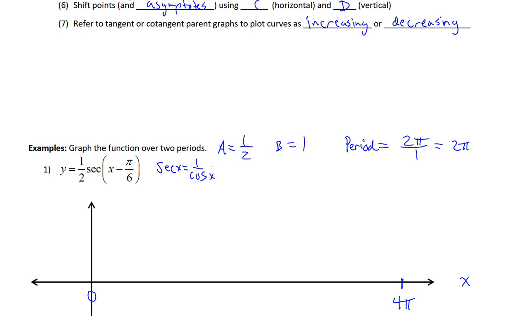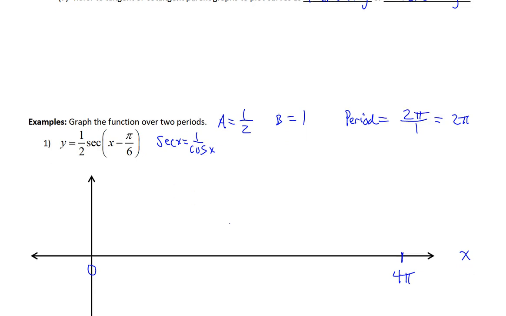And that's a reminder that we are working with division here. Secant is 1 over cosine, which means we might divide by 0 if cosine of x is 0. And that's a problem. Now you may say, well, what about all this pi over 6 stuff? Don't worry, we'll get to that in a second. For now, we just want to remember where the vertical asymptotes would occur for the parent function of secant.